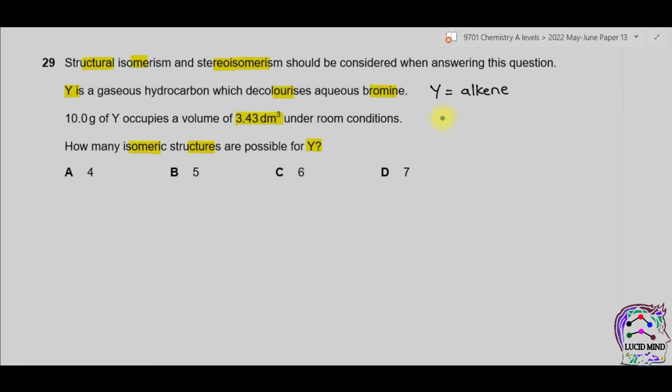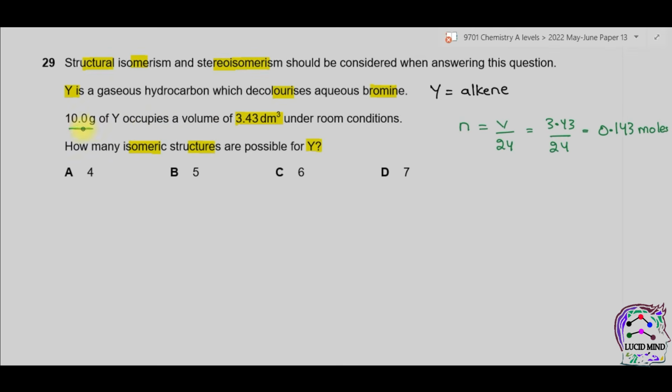From volume we can find out the number of moles, as moles equals volume in decimeter cube divided by 24 decimeter cube. So 3.43 divided by 24, it is equal to 0.143 moles. So this much moles of Y is present.